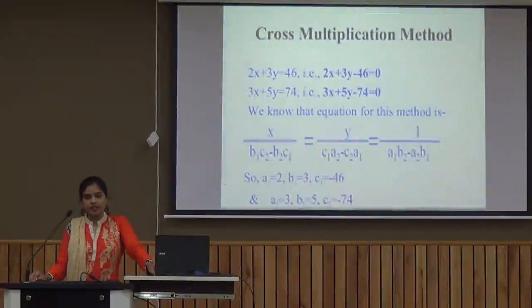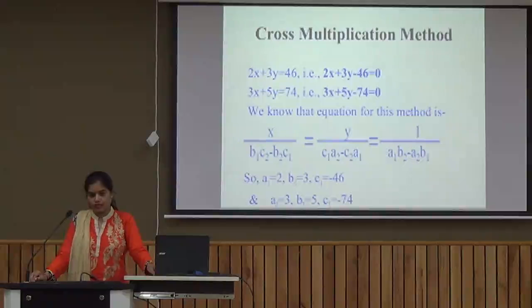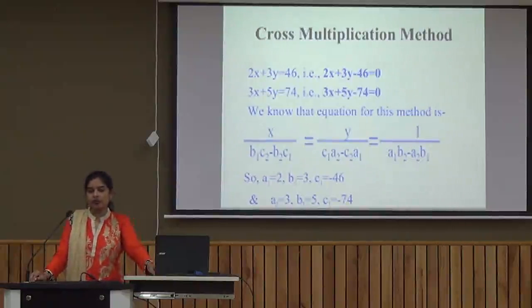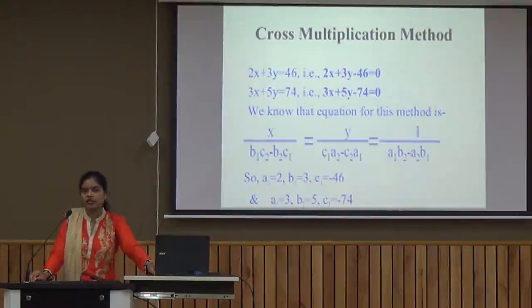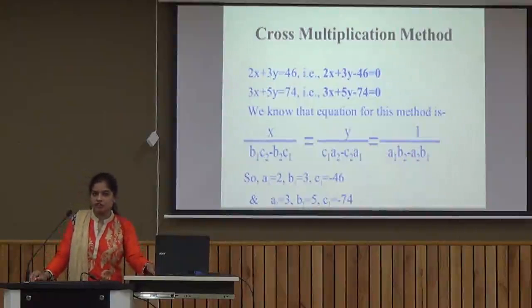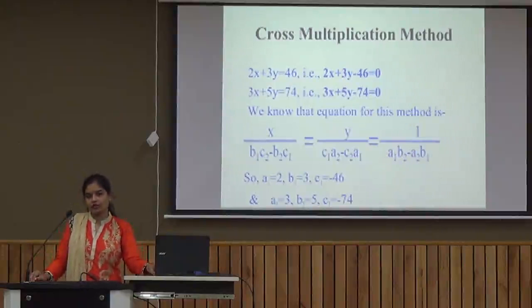Now we can take the example for cross multiplication method as 2x plus 3y equal to 46 and 3x plus 5y equal to 74. For doing this method, we have to arrange the given equation in the standard form as a1x plus b1y plus c1 equal to 0 and a2x plus b2y plus c2 equal to 0.